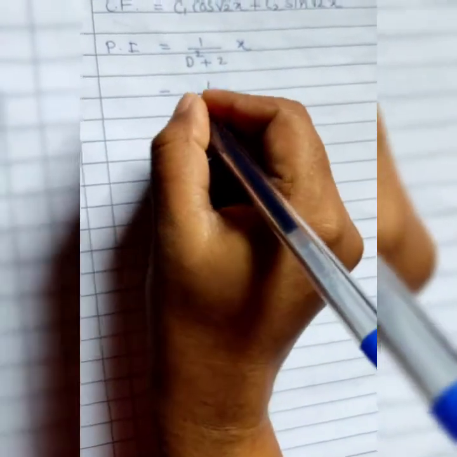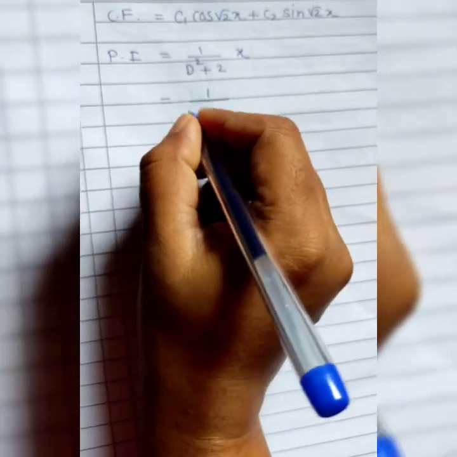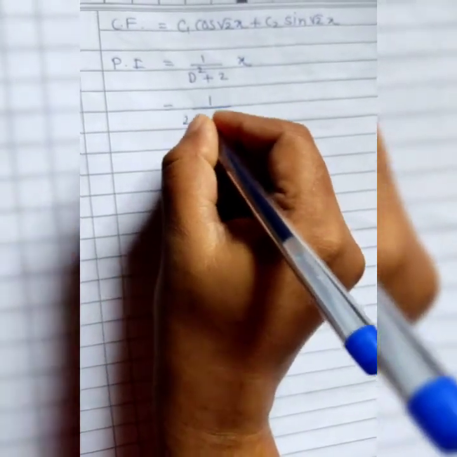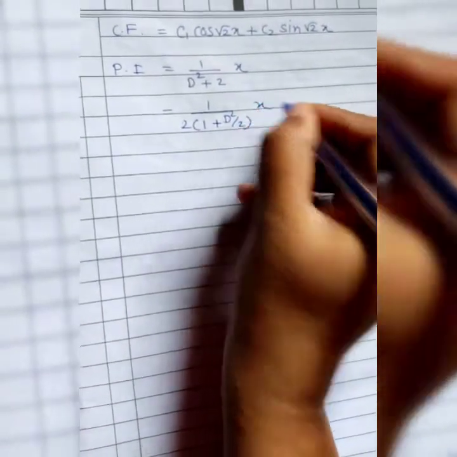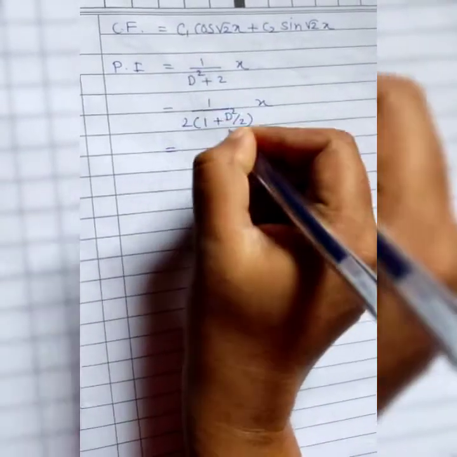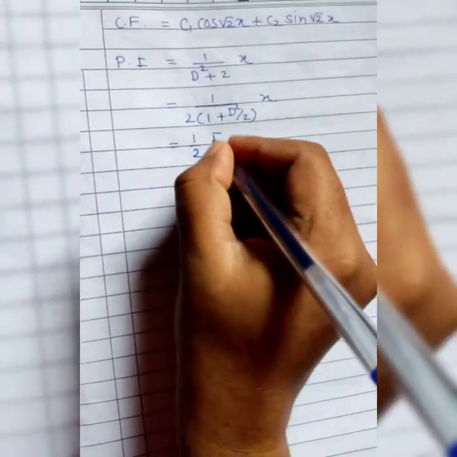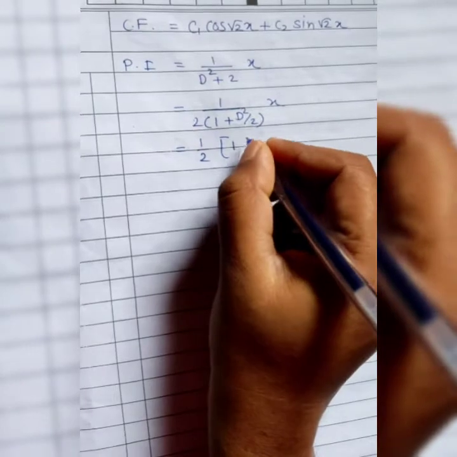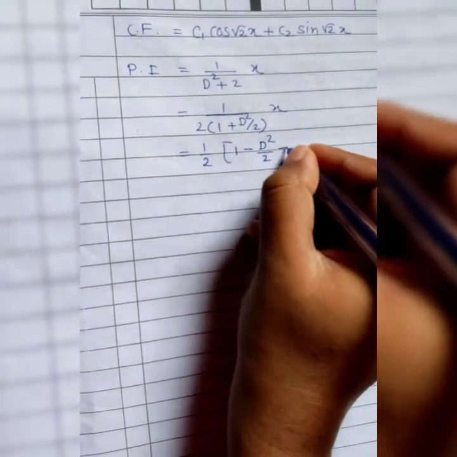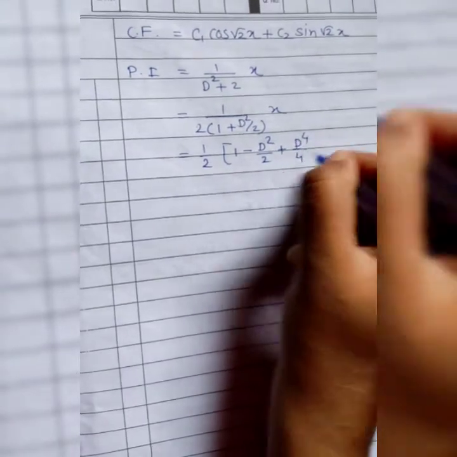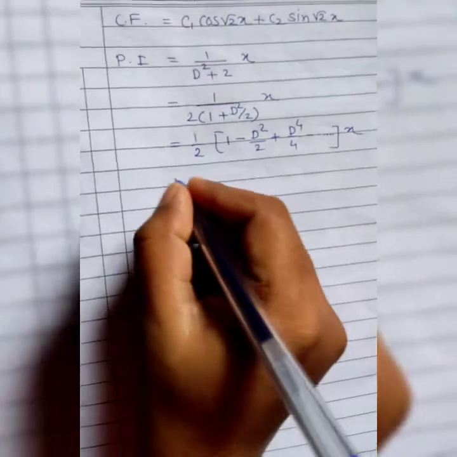So in the denominator we can take 2 as common, and now expanding this 1 upon 1 plus d square upon 2. On expanding this we get 1 upon 2 into 1 minus d square by 2 plus d raised to 4 by 4 dot dot dot into x.